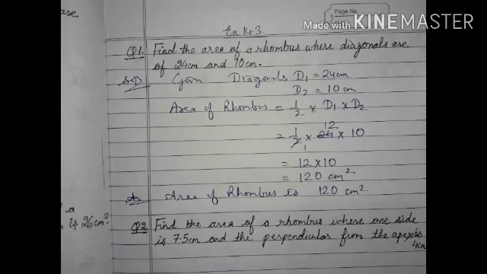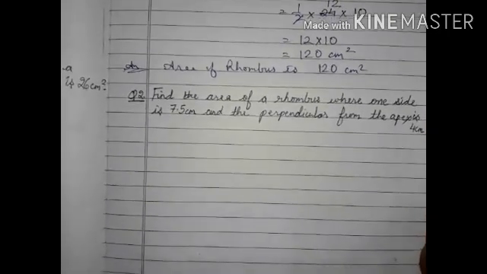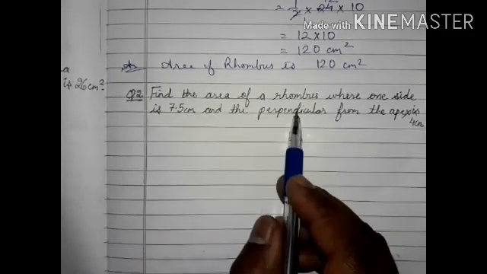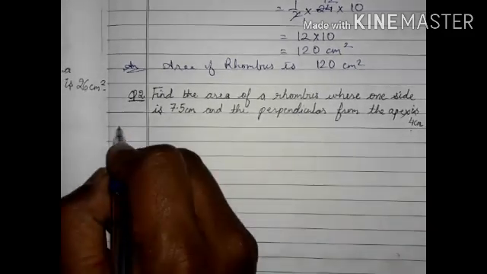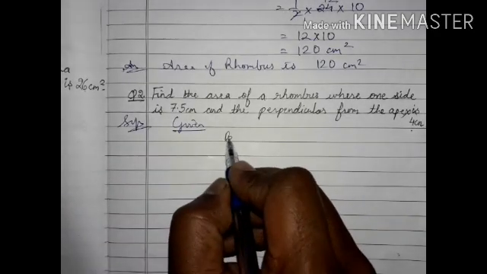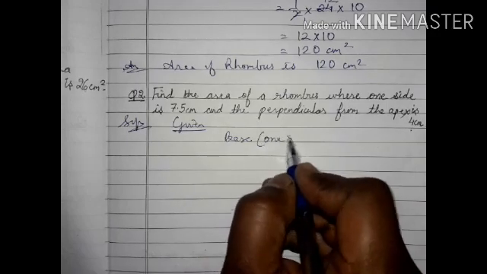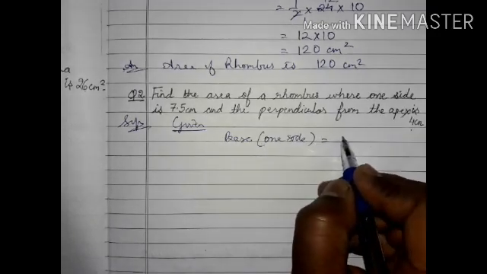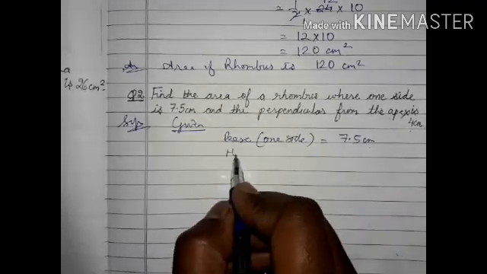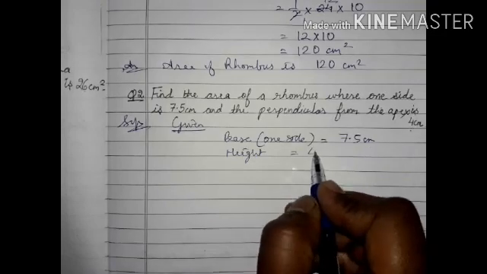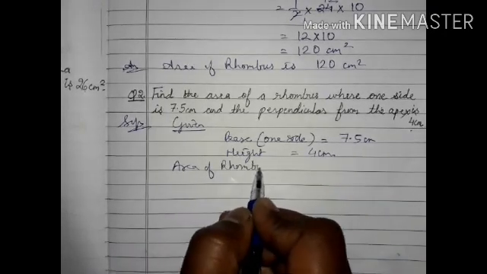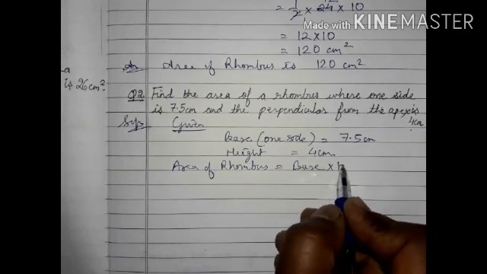Now second question: find the area of a rhombus where one side is 7.5 centimeter and the perpendicular from the apex is 4 centimeter. So solution, in given we have to write one side, meaning base, is equal to 7.5 centimeter. And perpendicular from apex, meaning height, is equal to 4 centimeter. So area of rhombus is equal to base into height.